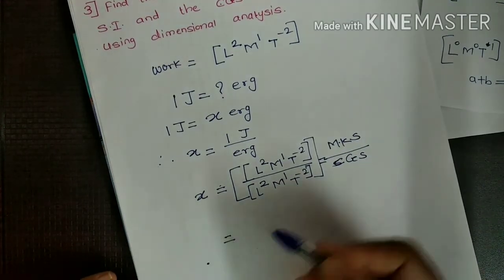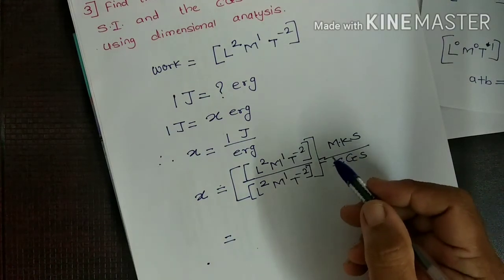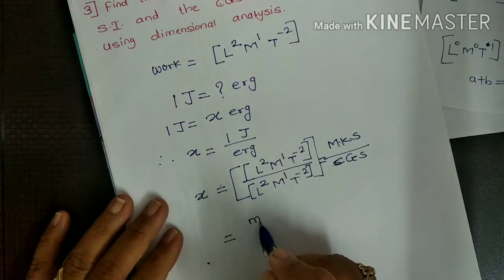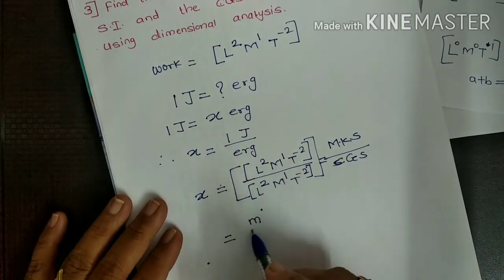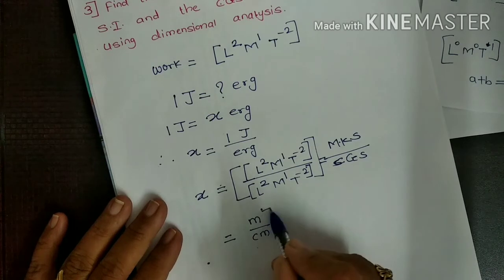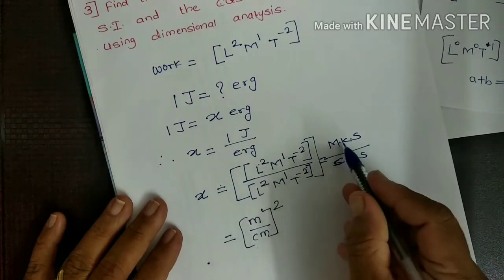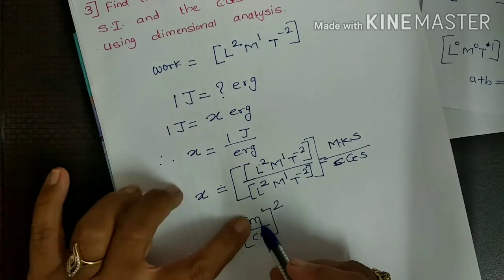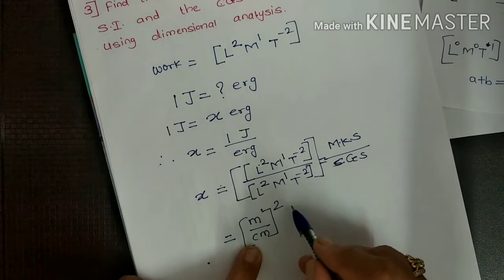In the MKS system, length has SI unit meter, so meter squared upon centimeter squared. Length is measured in the MKS system in meter, and for the CGS system in centimeter.